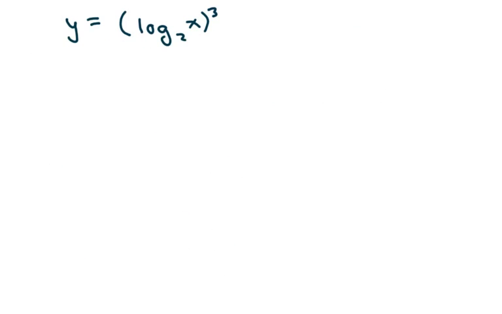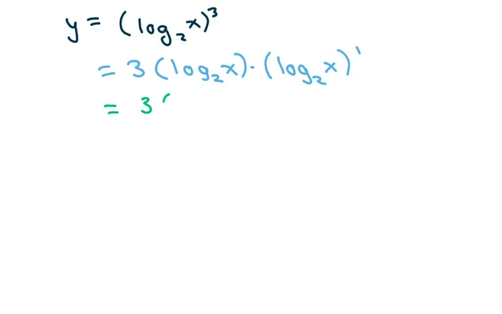So the first one is here, and we're going to use the power property or the chain rule. And so it's going to be 3 times log base 2 of x times the derivative of my inner function, which is log base 2 of x. So we're taking the derivative of that. Now we're going to get 3 times log base 2 of x. And the derivative of this, remember, is 1 over x times 1 over log of 2.